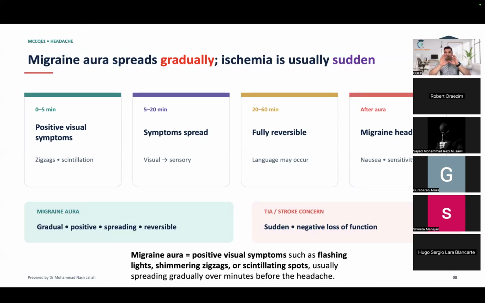They might directly ask you what differentiates migraine with aura from an ischemic stroke or TIA. The gradual progression of aura or migraine, but the ischemia is sudden. It starts suddenly, okay? Or they might give you a scenario that the patient has positive visual symptoms, for example the zigzag, visual symptoms that are spreading.